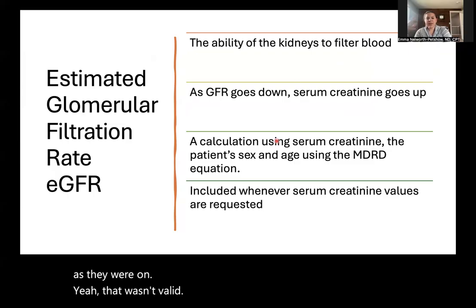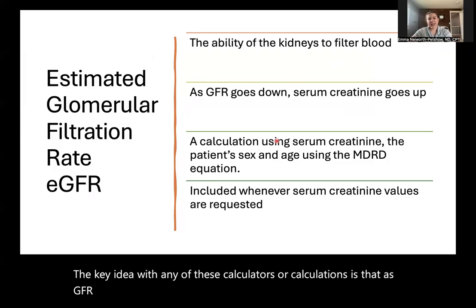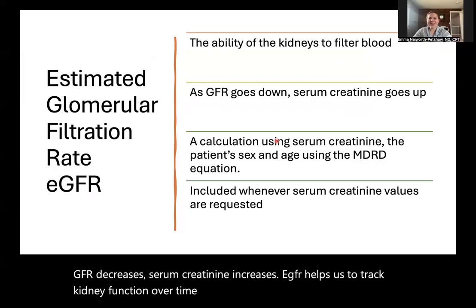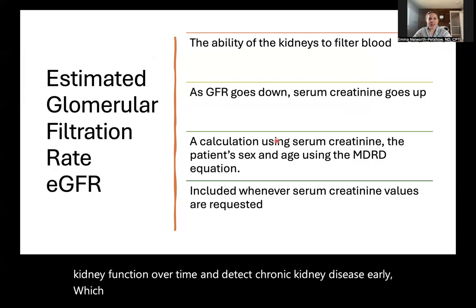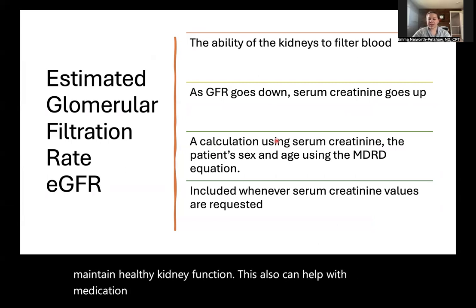The key idea with any of these calculations is that as GFR decreases, serum creatinine increases. eGFR helps us track kidney function over time and detect chronic kidney disease early, which is a goal for management because we want to maintain healthy kidney function. This also can help with medication dosing determinations. It's automatically reported anytime we see a serum creatinine.